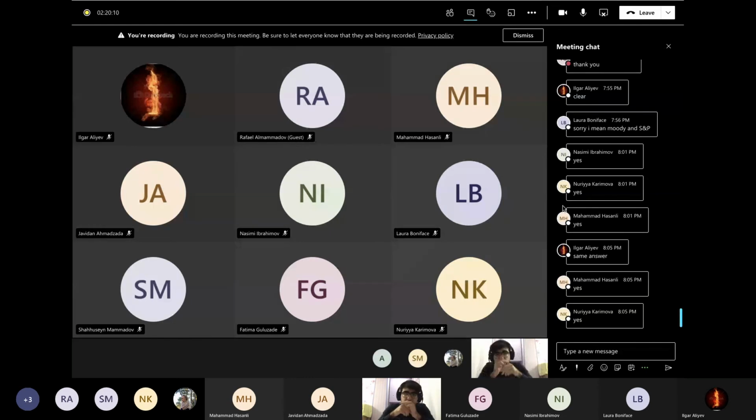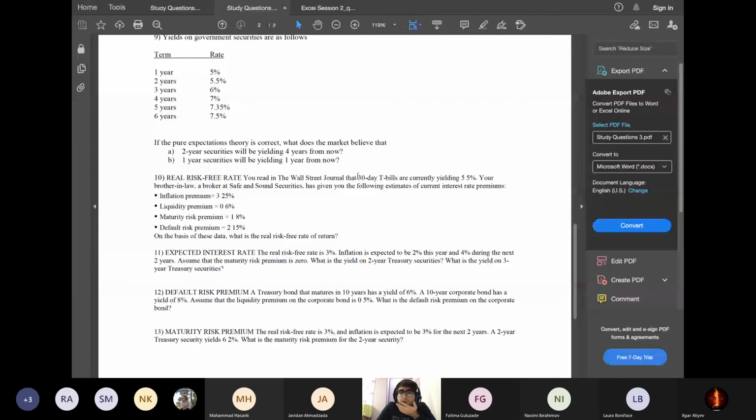Is it clear? So our security is T-bills, which means treasury, government security, and also 30-day, which is short-term. So a short-term government security, treasury bills, should have risk-free rate and plus only inflation. No liquidity, because government securities are the most liquid ones.